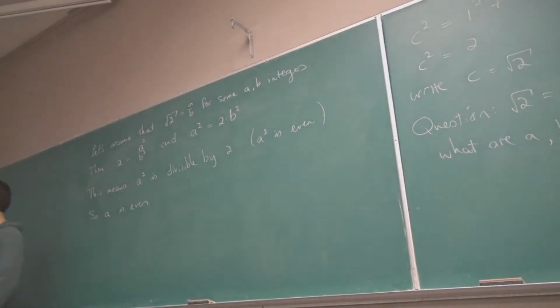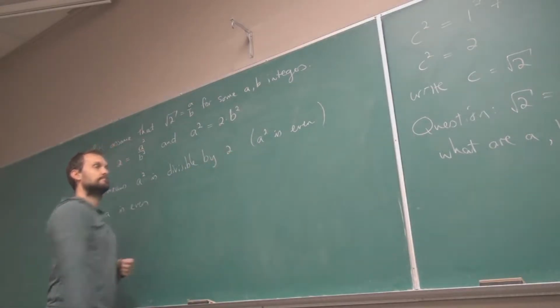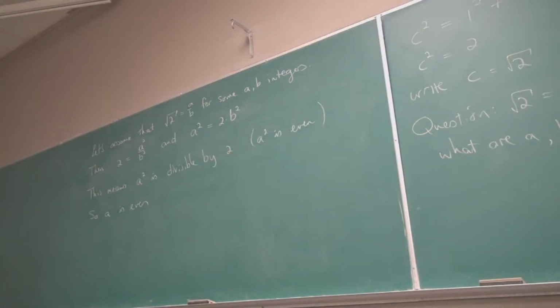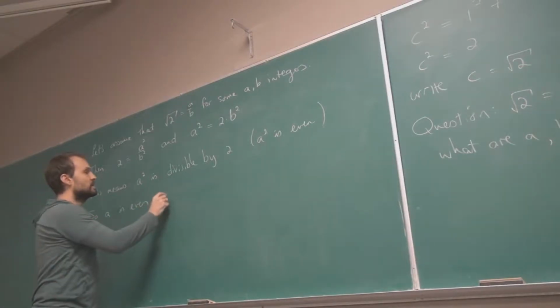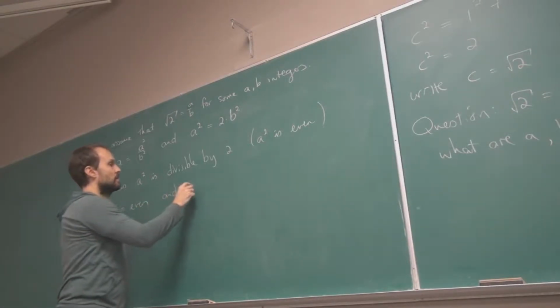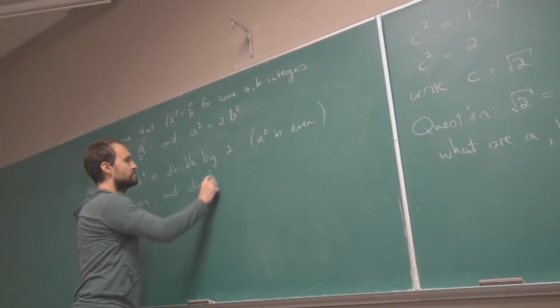The only way a times a is even is if the number itself is even. There's no other way. If it was odd, 2 odd numbers would make an odd number. Only 2 even numbers can make another even number. And a squared is a times itself. So a itself is even, and that means it's divisible by 2.